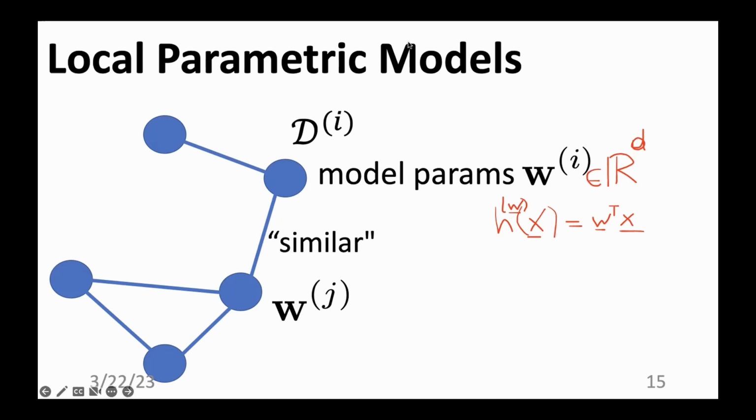Do you know an example for a non-parametric model? A decision tree, exactly. A decision tree typically cannot be easily represented by a fixed number of weights because the decision tree might grow depending on the amount of training data we use.